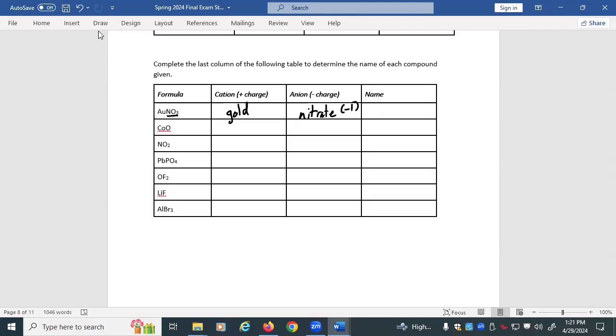And since there's only 1 nitrate and only 1 gold, we know that the charges have to match. That means that the gold has to be a +1 charge, which would make its Roman numeral 1. So the full name of this would be gold(I) nitrate.